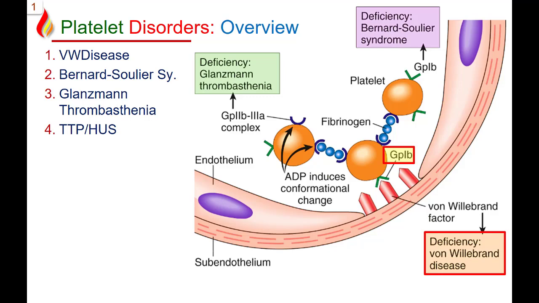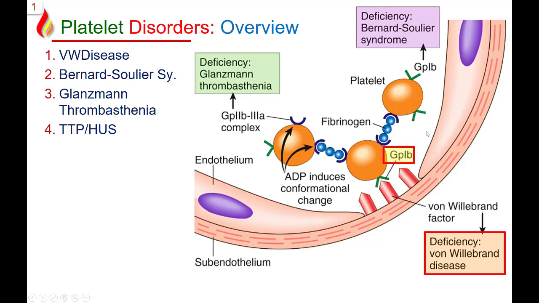Von Willebrand disease is deficiency of the factor. The platelets are normal, group 1B is normal, but there is no von Willebrand factor. Then this deficiency leads to platelet functional disorder due to lack of adhesion.